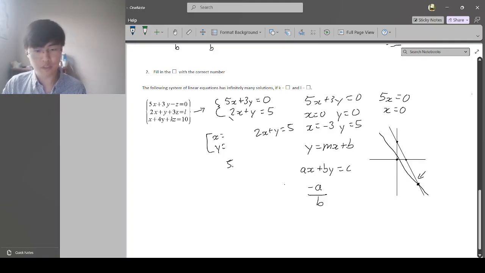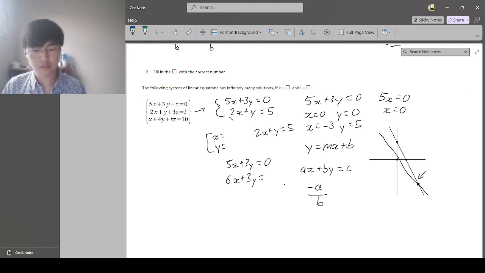So we have 5x plus 3y is equal to 0. We want to find some way to eliminate one of these. In this case, I think 3y might be easier, so I'm going to multiply the second equation by 3 on both sides. Because this is subtraction, this whole thing is negative, so this would be negative x. These cancel out, and it would be equal to negative 15.